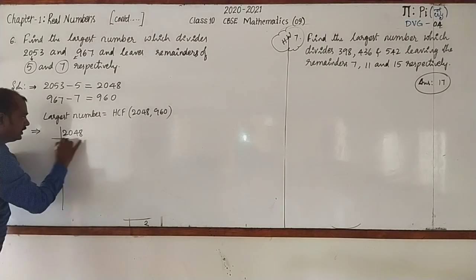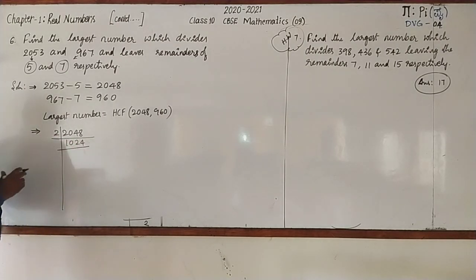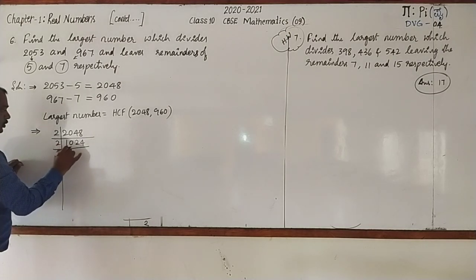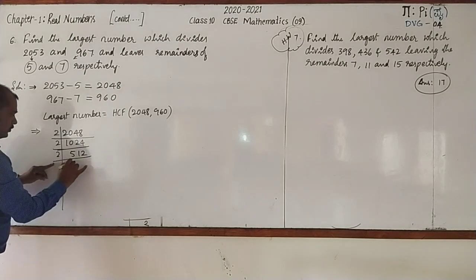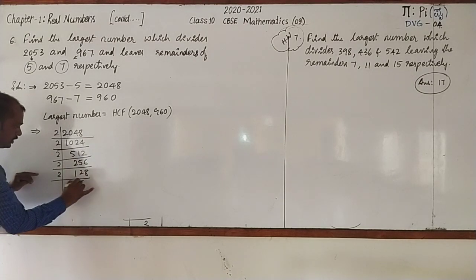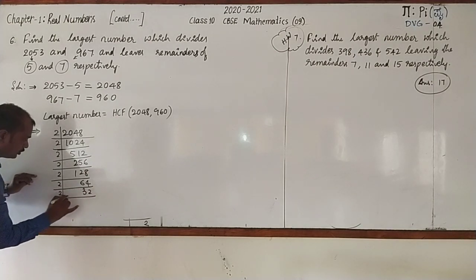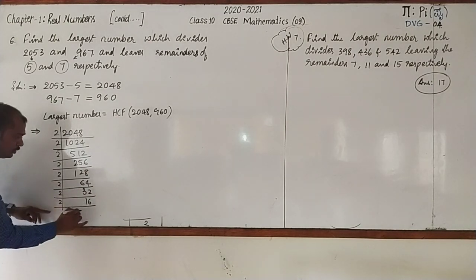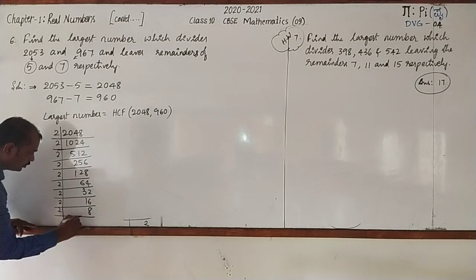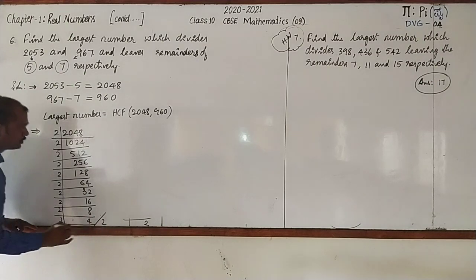Now let us go for finding that number. 2048, just go for finding the factorization. 2 1s are 2, 0 2s are 0, 2 2s are 4, right? Then 2 5s are 10, 2 2s are 4, continuing the division down to 1.